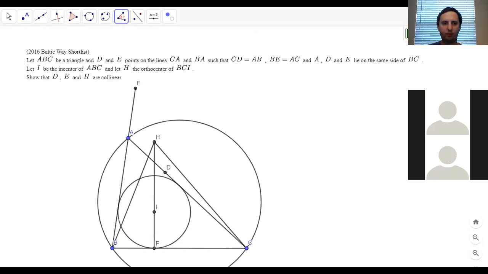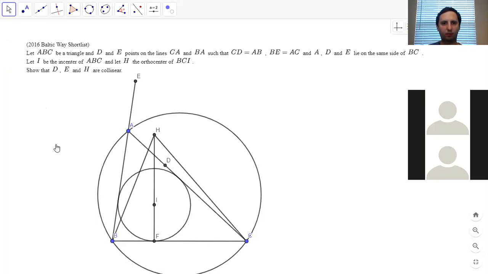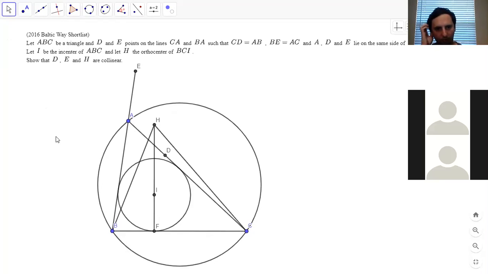The spiral center of CD to BA. What just happened? Oh, sorry. That was weird. Okay, what's the spiral center from CD to BA? So how would you draw that?